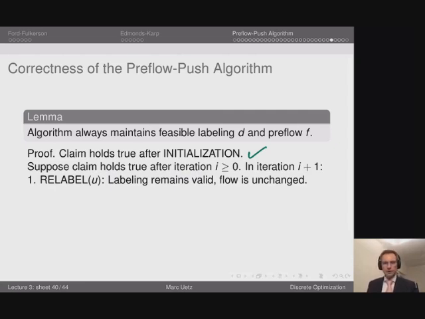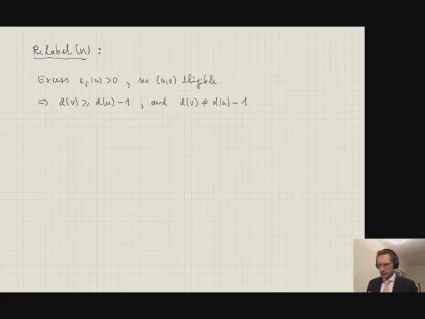So we have two operations that we're actually performing. One of them is the relabel operation. Well, first of all, if we relabel, the flow remains unchanged by definition. But do we also maintain a feasible labeling after the relabel operation? Let us have a look. When we relabel, we are relabeling an active node, so a node with positive excess, such that none of the outgoing edges is eligible.